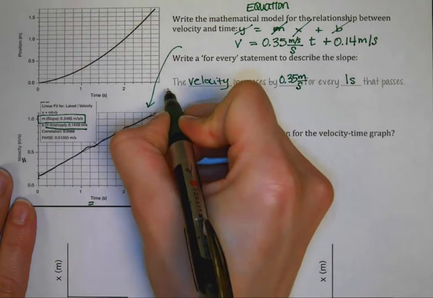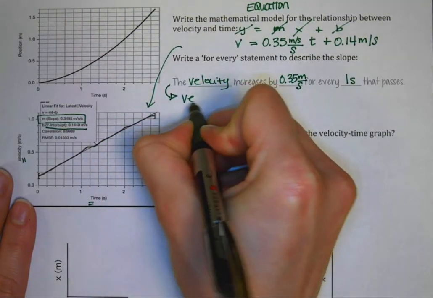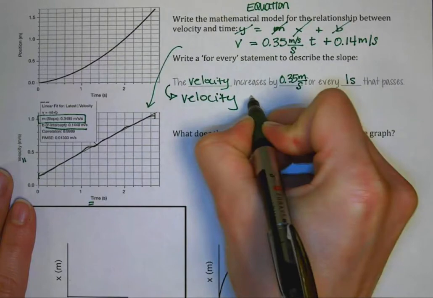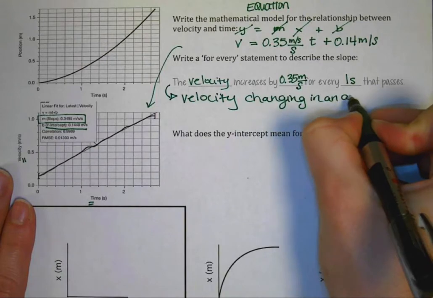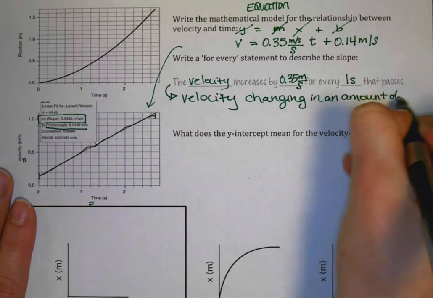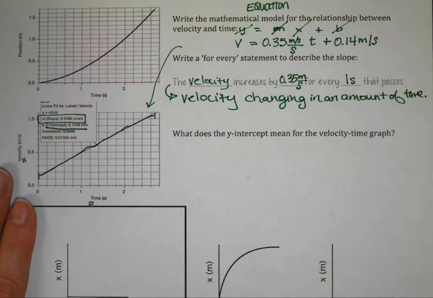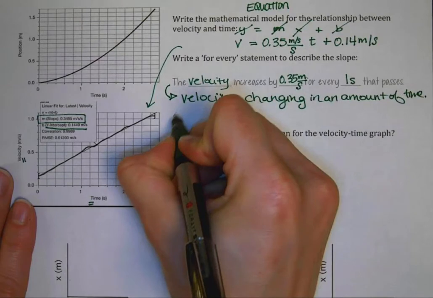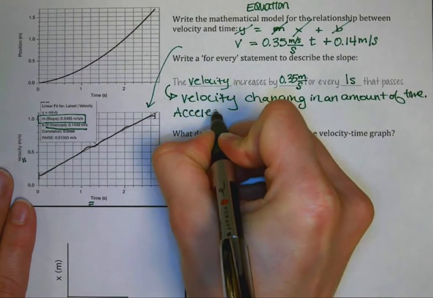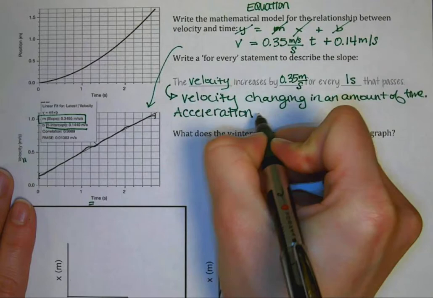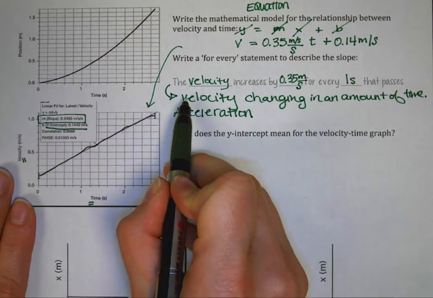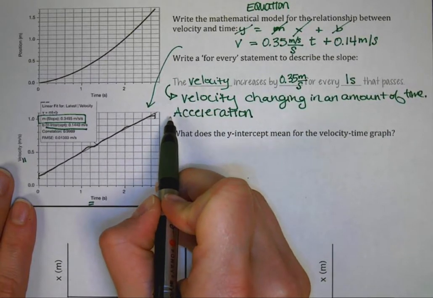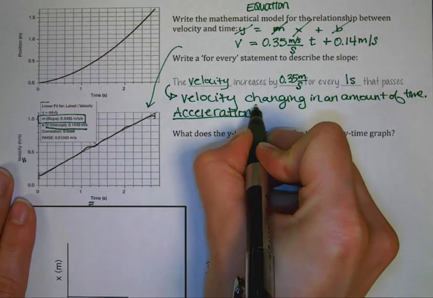That is defining for us velocity changing in an amount of time. That is describing a term for us called acceleration. So notice, we just described the slope in words, paraphrased it again, and then said, wow, that is our definition for acceleration.